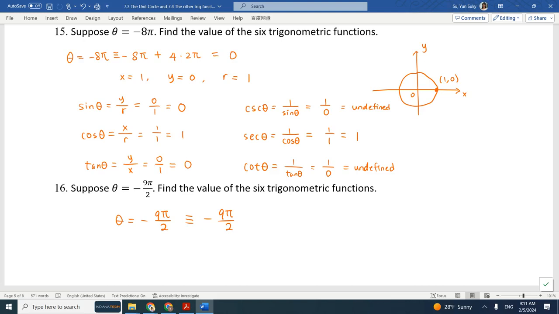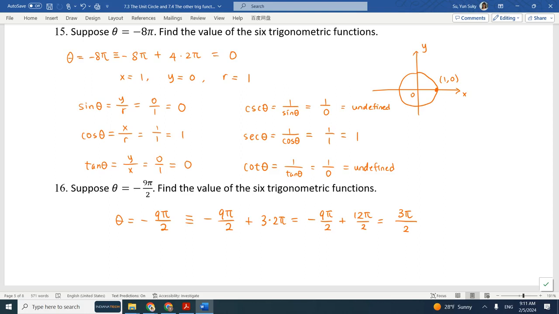Then we get minus 9 pi over 2 plus 6 pi, which is like 12 pi over 2. What's the answer? 3 pi over 2. Yes, everybody? We find the coterminal angle within the range 0 to 2 pi.